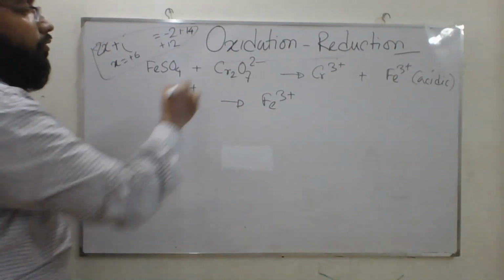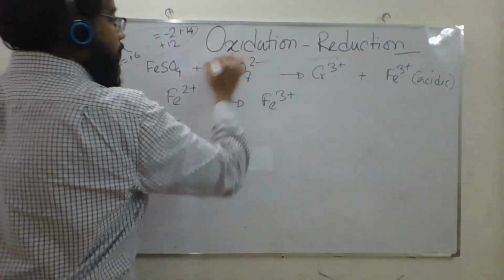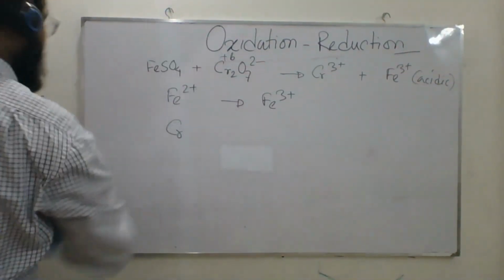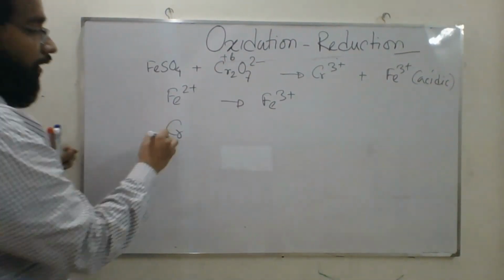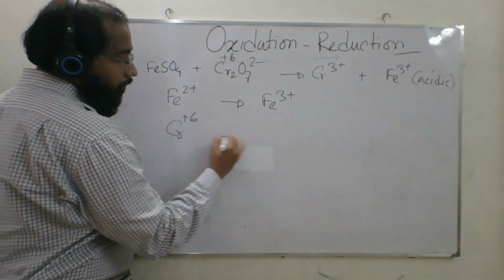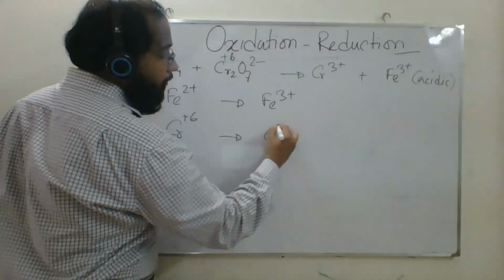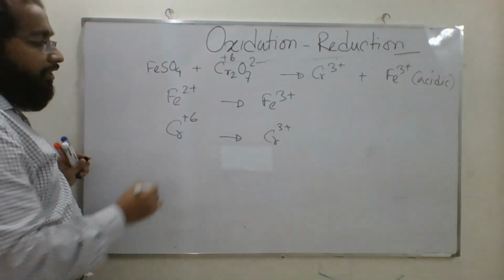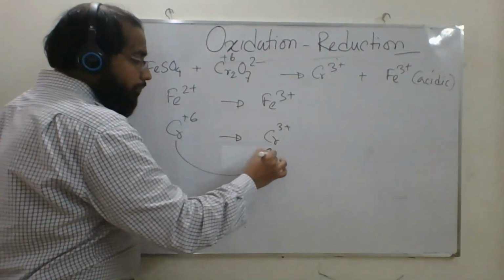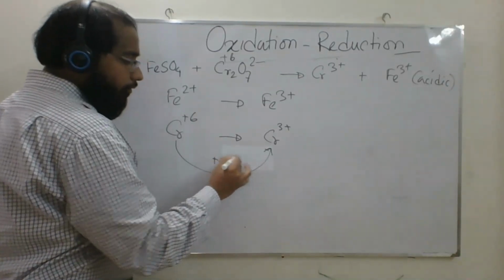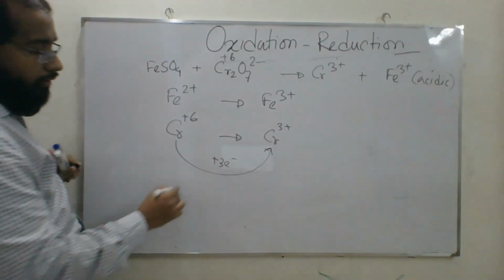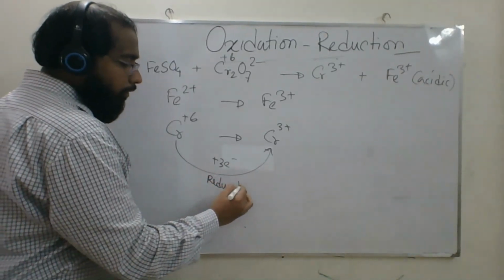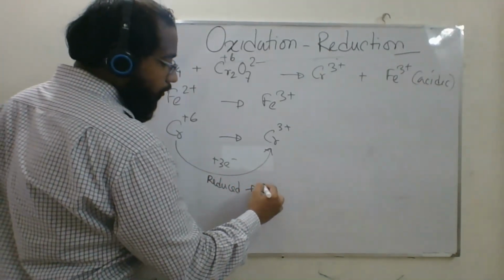So chromium is plus 6 here. Now, chromium plus 6 is converted to chromium 3+, which means we need addition of 3 electrons. So it is reduced. So who gets reduced? The oxidizing agent.